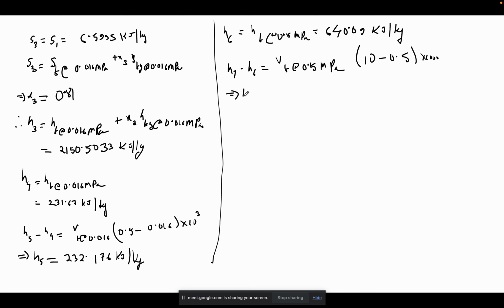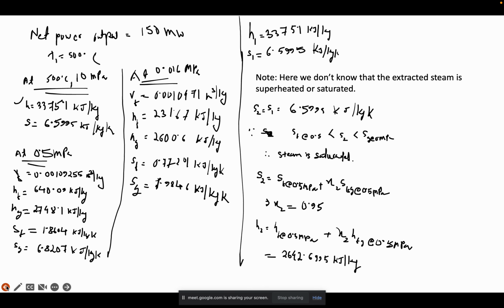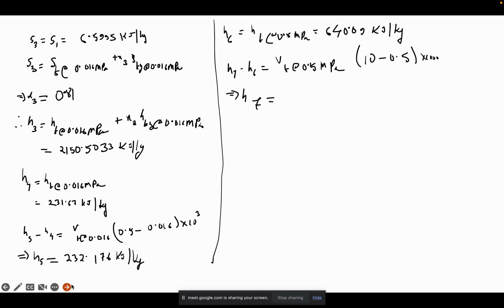Okay, so from here H7 will be what? VF is 0.00109255 into (10 minus 0.5) into 1000 plus 640.09, that is 650.46925 kilojoule per kg.